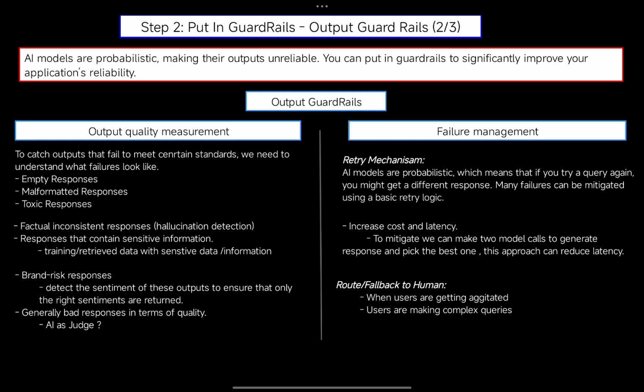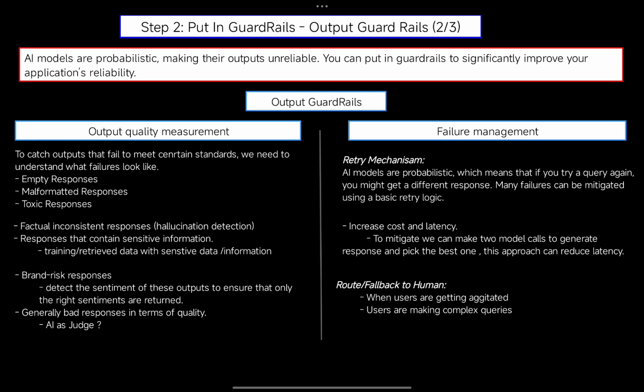Or if the users are making complex queries, you can again route those queries to a human to answer, which can give better responses, right? So these are a few of the techniques which you can put in along with the input guardrails.